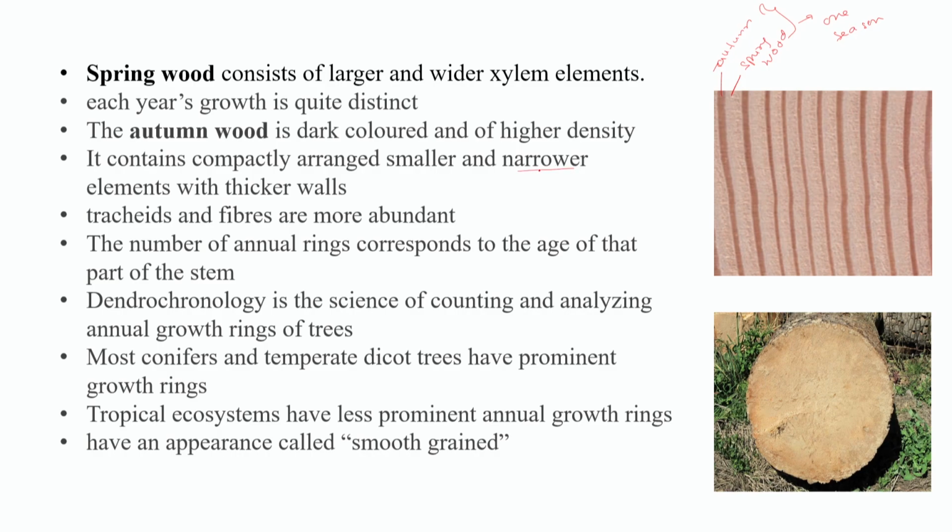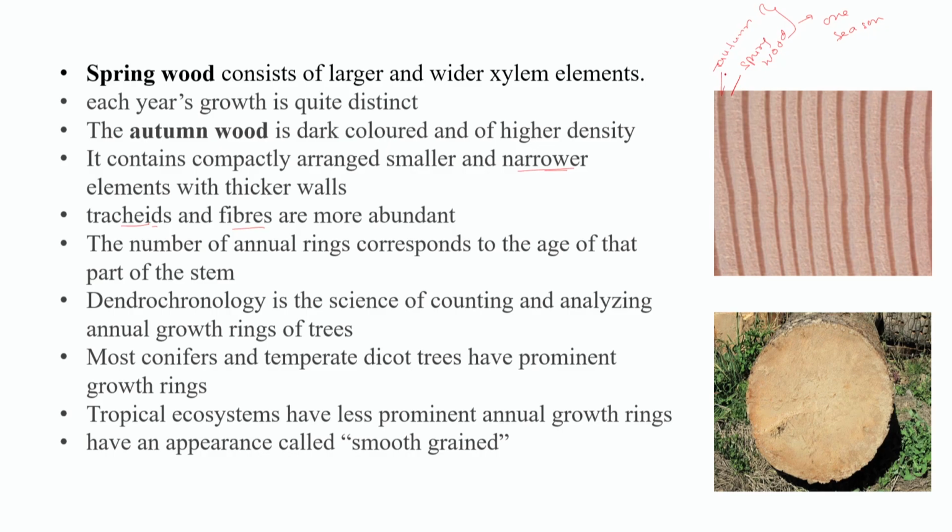The elements like tracheids and vessels are narrower but thicker. That is why you see a darker structure. This layer is dark as compared to the spring wood. Even tracheids and fibers, more lignified tissues, are more abundant in autumn wood.